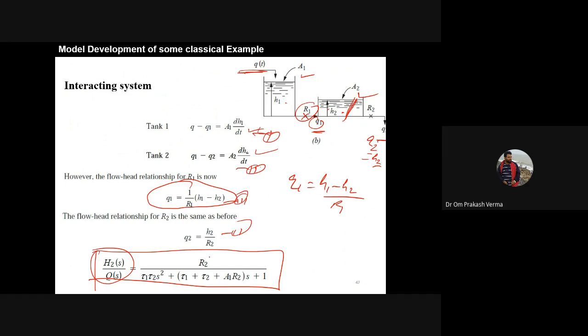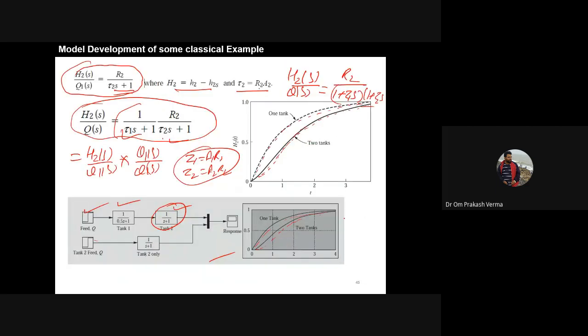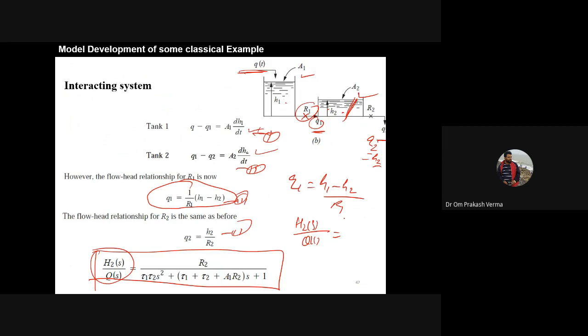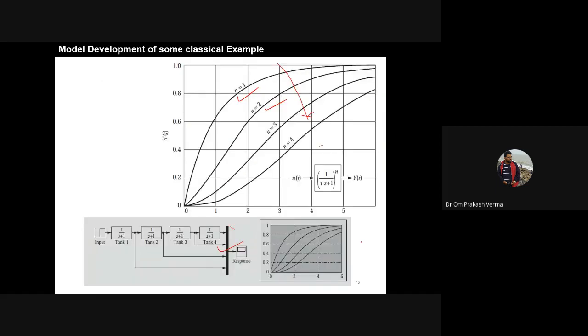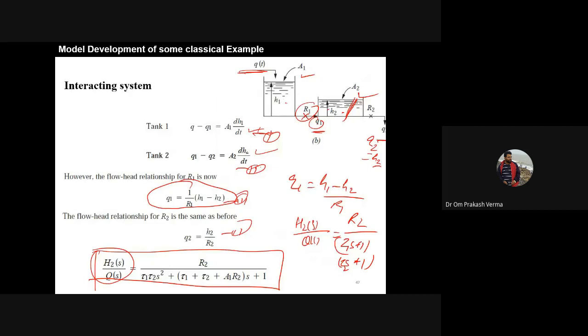So now we have two types of differential equation. First is for the non-interacting system. For the non-interacting system, it was R2 upon (tau 1 s plus 1) and (tau 2 s plus 1). This was the case, right?